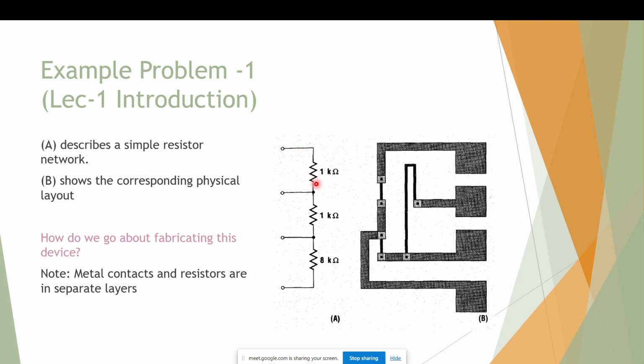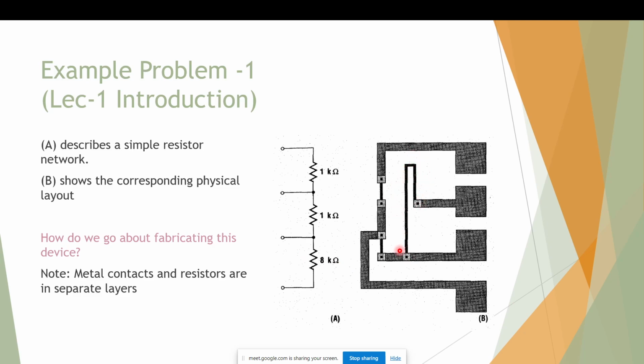The physical layout for such a circuit would look somewhat like this. The darker wires are basically the resistors. We have two resistors of 1 kilo ohm, probably these two, and then an 8 kilo ohm resistor, that is this longer one.